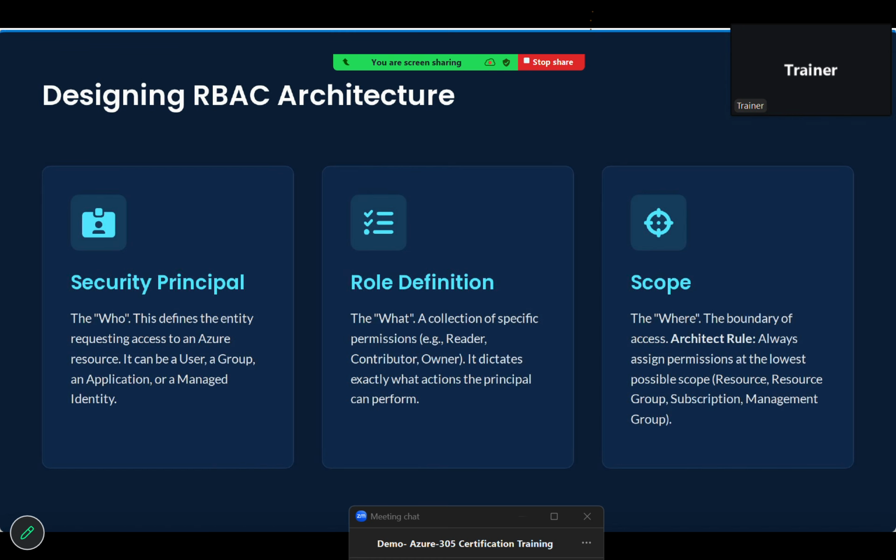So when you say boundary, does it mean the level at which permission is given? Exactly. We have to set the boundaries. Always assign the permission at the lowest possible scope. Suppose you are in my team and I give you a task just to research this. Why would I give you contributor or owner permission?